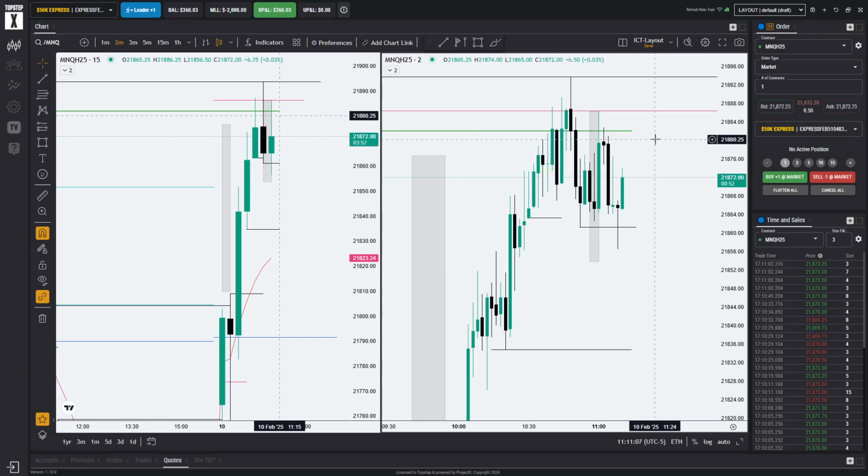The problem is that after 11 o'clock, market is changing. We no longer have London trading, and market can start to chop.